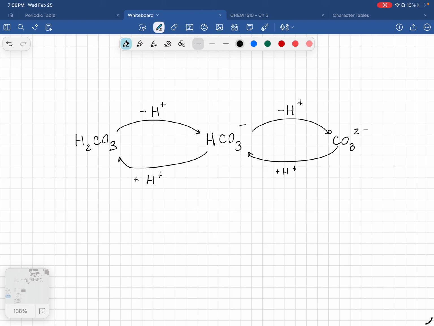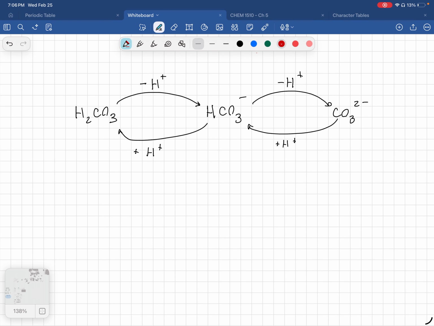Going from left to right, starting from H2CO3, HCO3 minus is the conjugate base of H2CO3, because to get the conjugate base, we remove a proton.